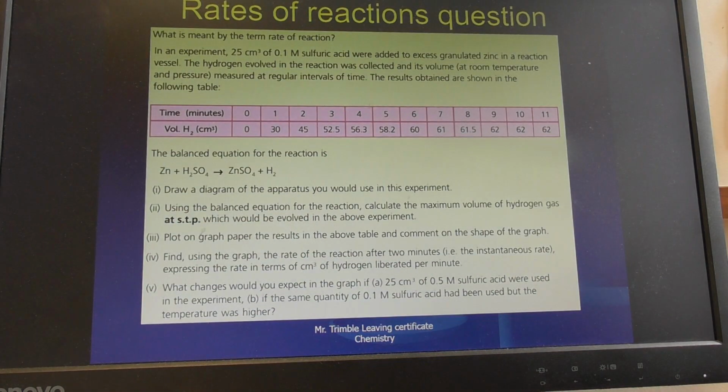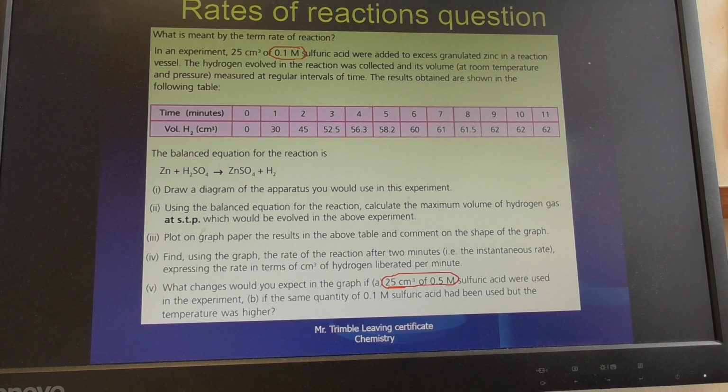And what changes would you expect in the graph if 25 cm cubed of 0.5 molar sulfuric acid is used in the experiment at the same quantity? So let us look at that first one, 25 cm cubed of a 0.5 molar solution. Now the initial quantity used was 0.1 molar sulfuric acid, so 0.5 obviously is an increase in the concentration, so you'd expect an increase in the rate.